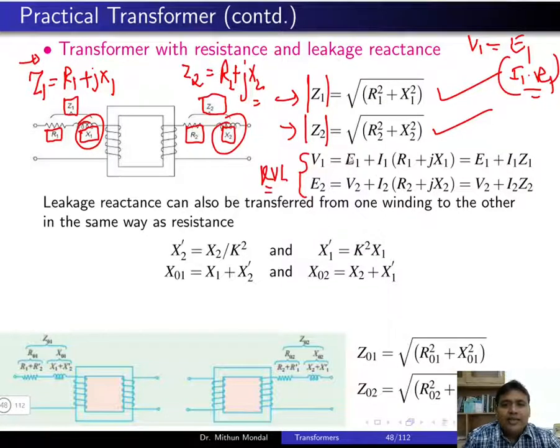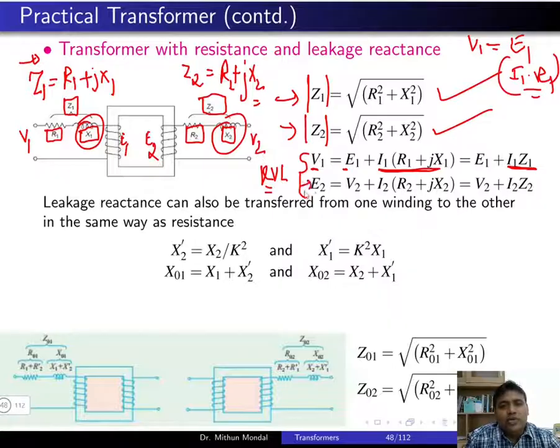So you can write the net voltage V1 on the primary side of the transformer as V1 equal to E1, the induced EMF on the primary winding, plus the total drop on the primary winding, I1 Z1. So I1 Z1 you can write as I1 times R1 plus jX1. Similarly, E2 is the induced EMF in the secondary winding and V2 is the voltage on the load side.